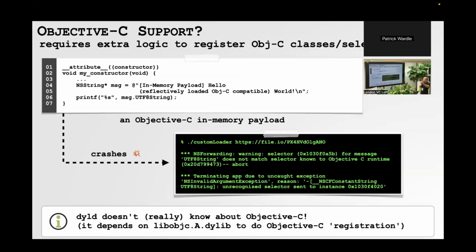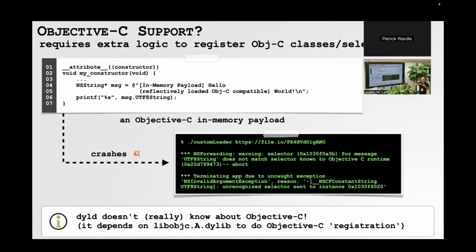Now, one thing about the original research I did is it didn't support Objective-C in-memory payloads. So you could download and execute a C payload or a C++ payload. But as soon as you added Objective-C or Swift code to your payload, it would crash. Super annoying. And it turns out that DYLD literally knows nothing about Objective-C.